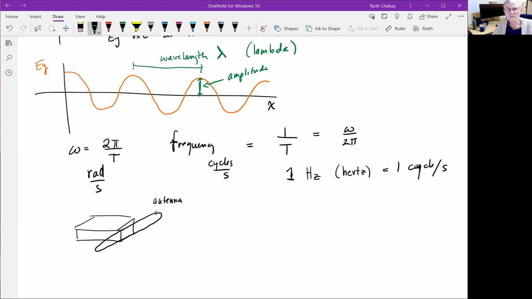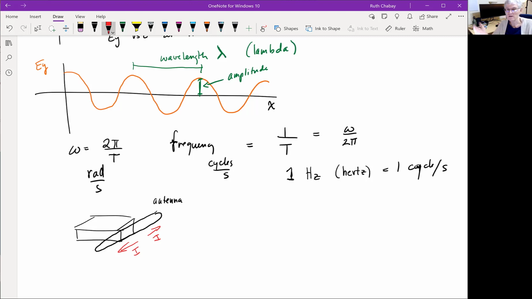What this power supply was doing was driving a current sinusoidally, sloshing electrons this way and that way through the antenna.